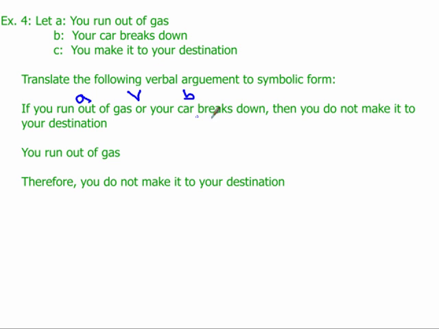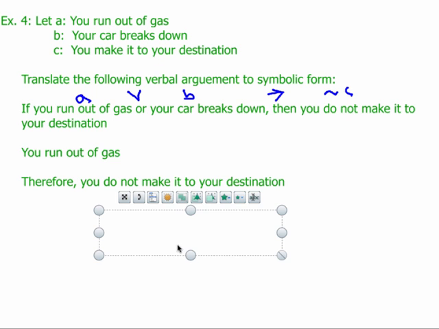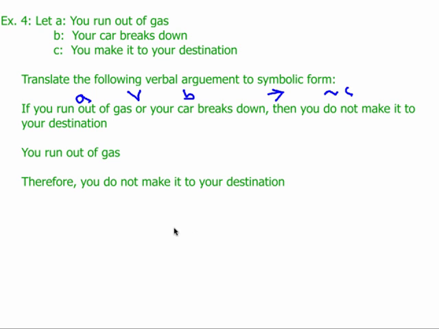Then, so I've got if, then, that's an arrow. You do not make it to your destination. Well, C is you make it to your destination, so you do not make it to your destination, that's not C. So if I look at that in our symbolic form, well, this is all screwy looking.